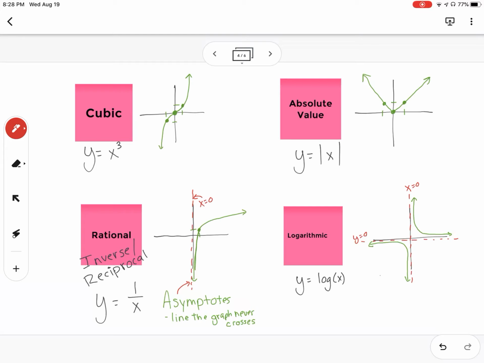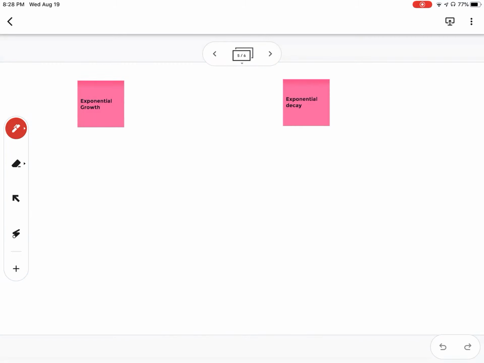Got 2 more. Exponential growth and exponential decay. Exponential growth is y equals 2 to the power of x. This one, it's going to follow that 0 line here and then just shoot up really fast.